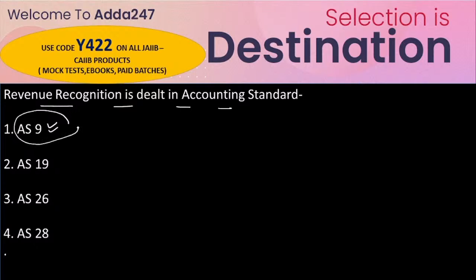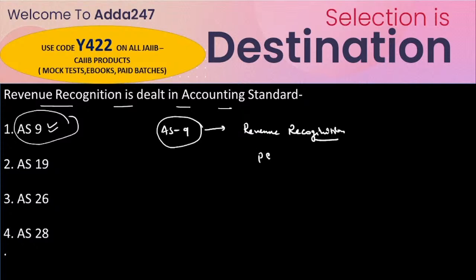So accounting standard 9 is related to revenue recognition, and this standard deals with the basis for the recognition of revenue in the statement of profit and loss of an enterprise, or any business, or any company.